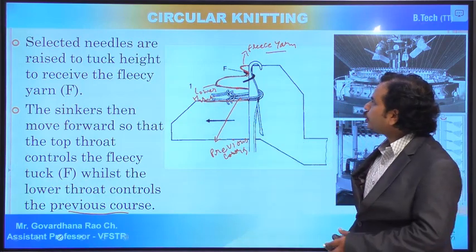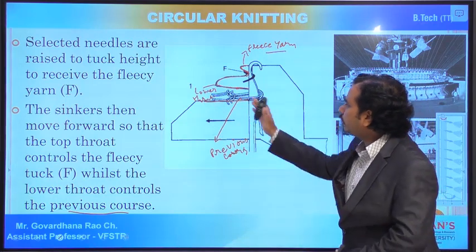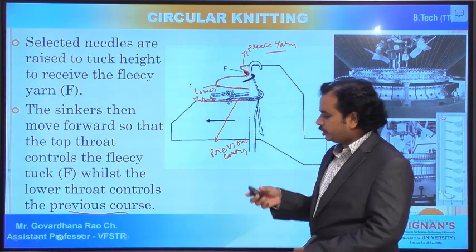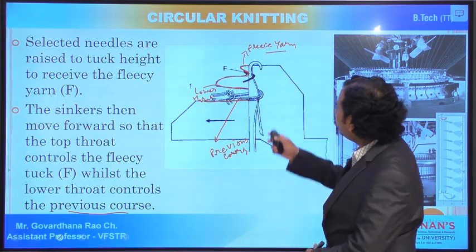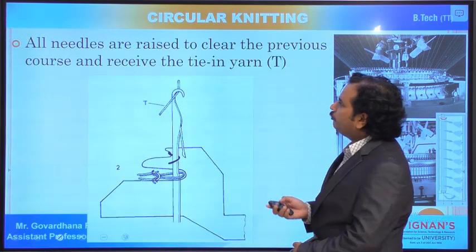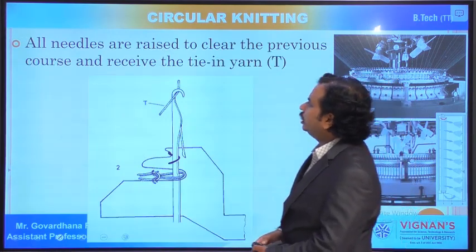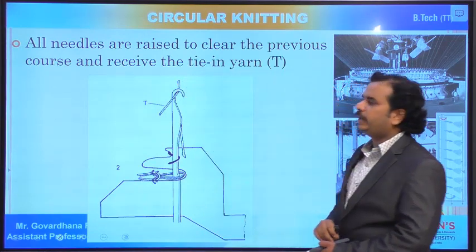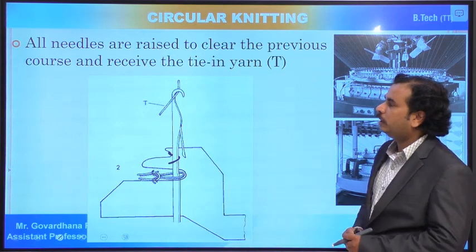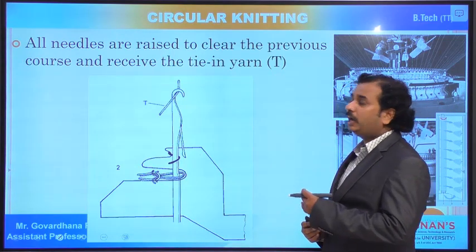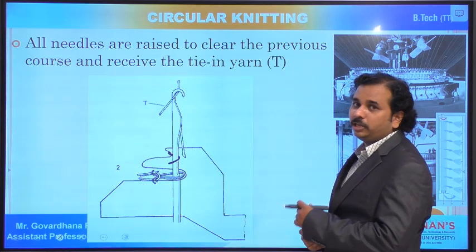After moving up towards the old loop, after catching the old course, that is the previous course, and the fleecy yarn, we have a second step: all needles are raised to clear the previous course and receive the tie-in yarn.